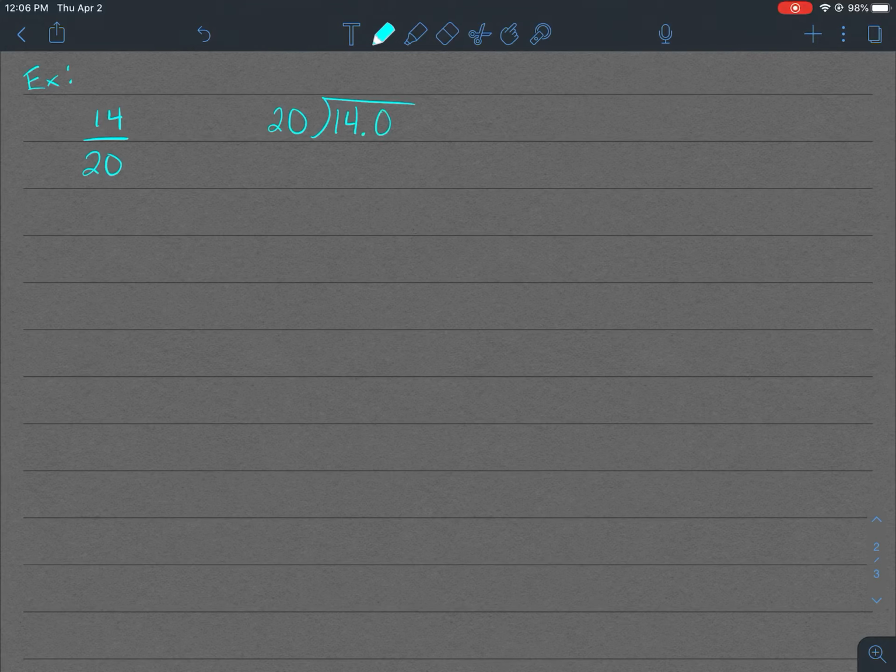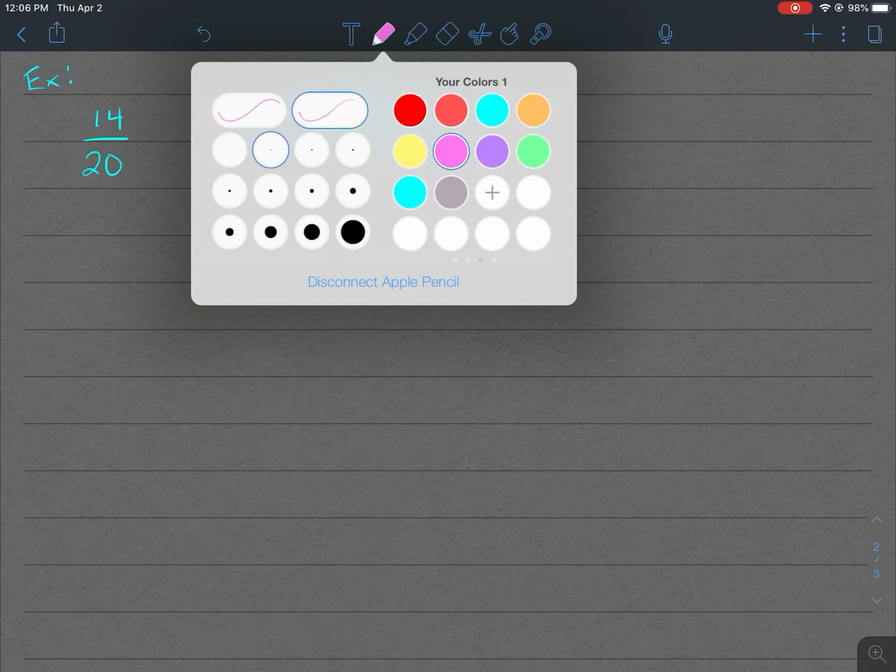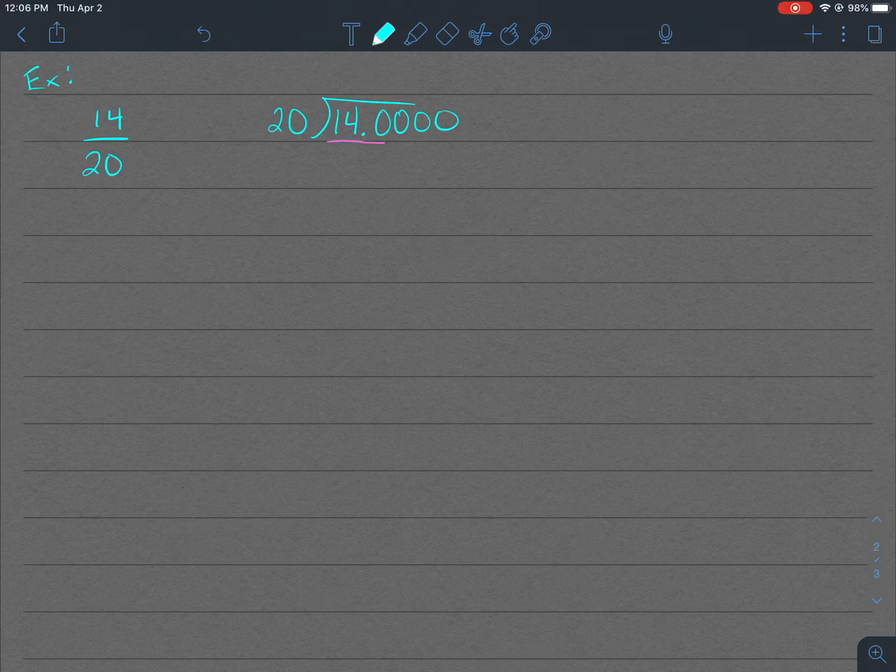Well, it doesn't, so add some zeros out here. How many times does 20 go into 140? Well, 20 times, let's say 7. 7 times 0 is 0. 7 times 2 is 14. Oh, would you look at there, 140. Perfect.